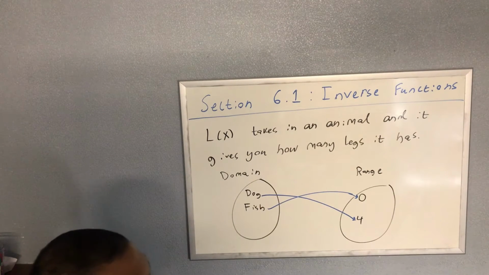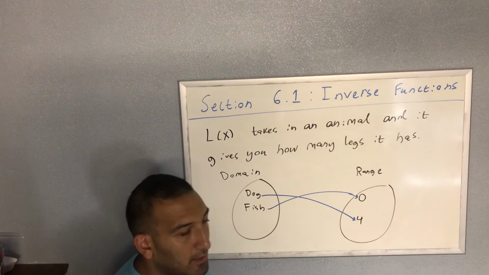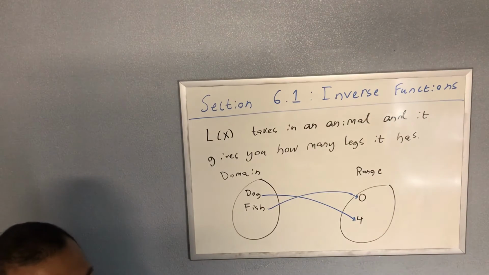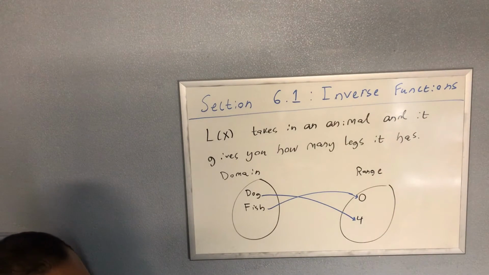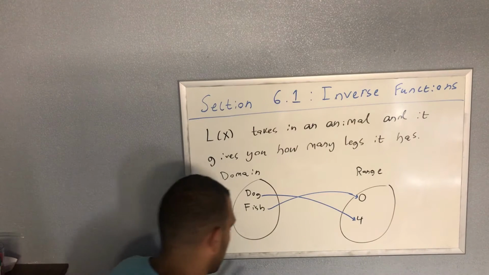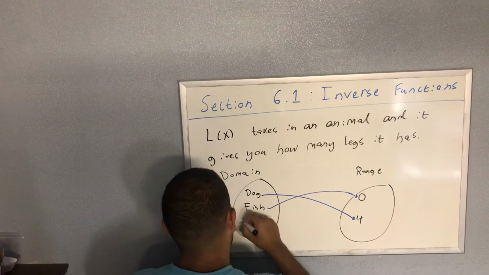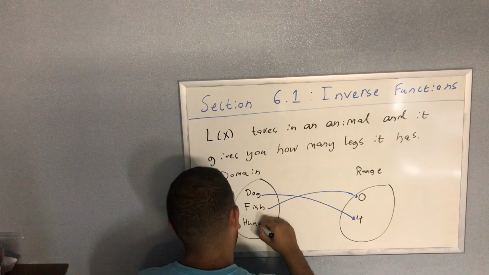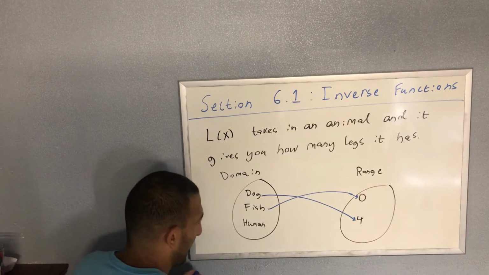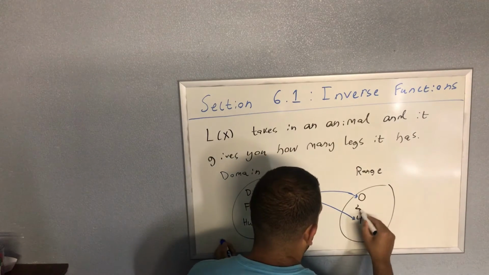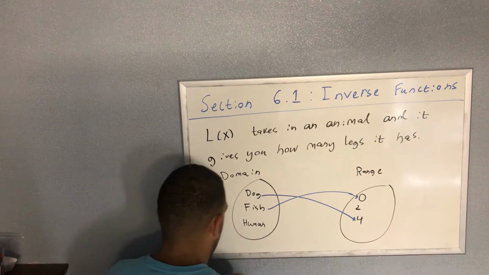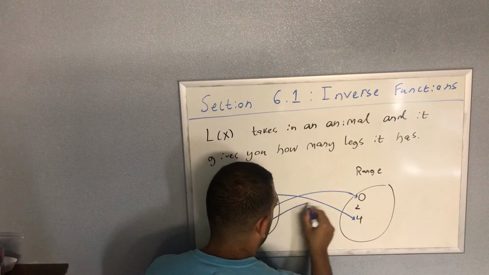And then maybe let's do one more thing. I guess we can put human on here. We're technically animals. So human, we've got 2 legs. So we'll get associated to 2. So we draw an arrow from human to 2.